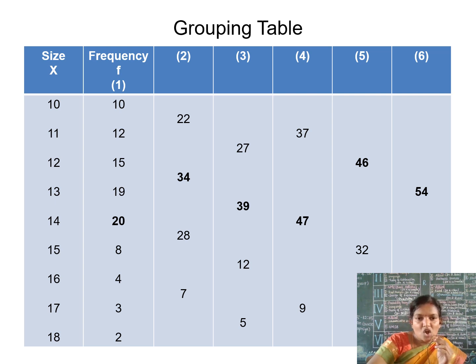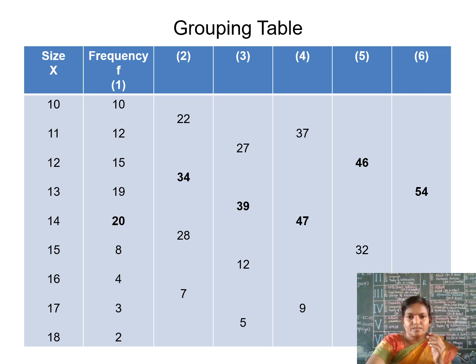For the third column, you just add the first two values: 10 plus 12, 22; 15 plus 19, 34; 20 plus 8, 28; 4 plus 3, 7. For the fourth column, you leave the first value, then 12 plus 15 will be 27, 19 plus 20 will be 39, 8 plus 4 will be 12, 3 plus 2 will be 5.